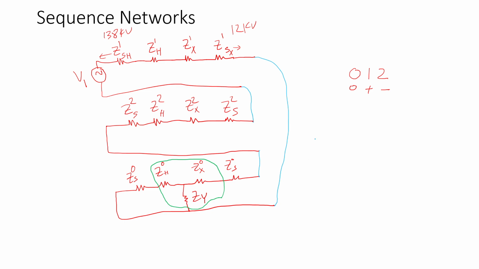This is assuming there is no impedance between the neutral and the ground. Obviously, if there's impedance, you would add it here. You would add 3 times that impedance. Let's assume this is solidly grounded, just for simplicity.